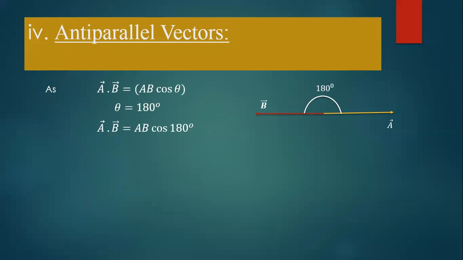So A dot B is equal to AB cos 180 degrees, and cos 180 is minus 1. Hence A dot B is equal to minus AB, the negative of the product of the magnitudes of both vectors.